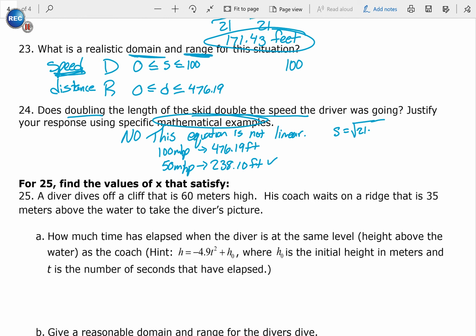Okay, so because this is speed, this is going to end up being 100 equals the square root of 21 times our distance. Okay, in this case, we need to go ahead and square both sides. That's 10,000 equals 21 times distance. Okay, and then divide both sides by 21.